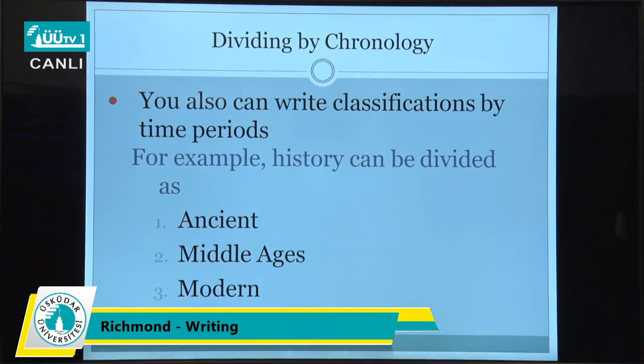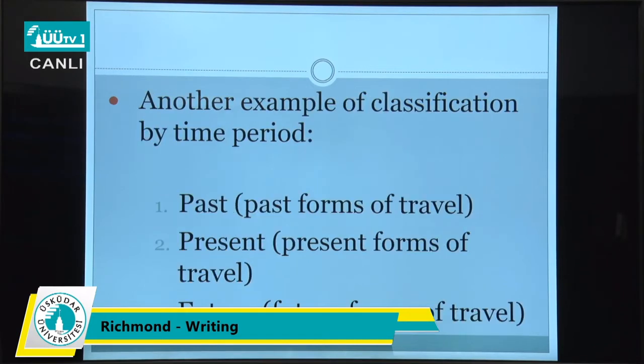For example, we can divide history into 3 major categories, as ancient, Middle Ages, and modern. Again, for the time period, we can use 3 major categories as past, present, and future.